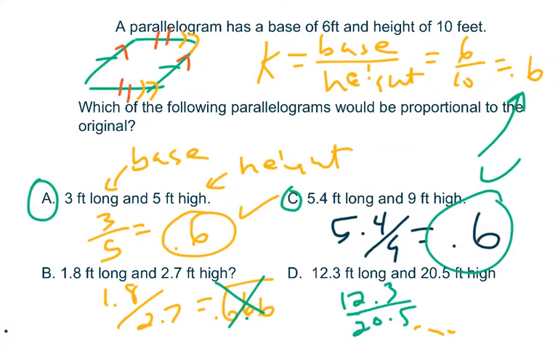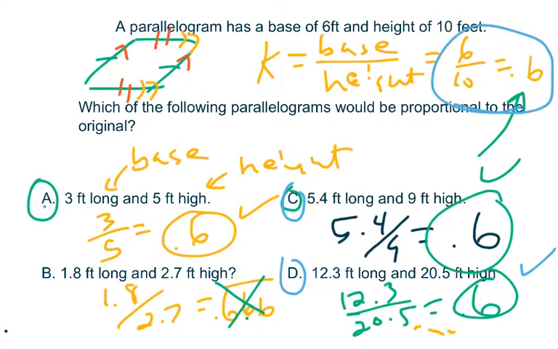If you take the calculator, 12.3 divided by 20.5, you find that it is also 0.6. So that is another good one. A, C, and D are all proportional to the original parallelogram.